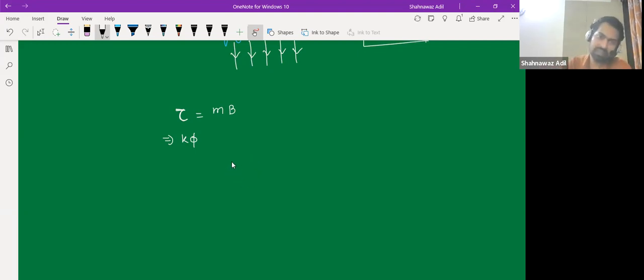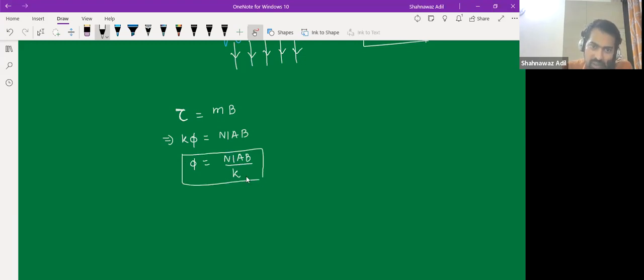So this is equal to, as you said, NIAB. So phi would be how much? This would be NIAB by K. So this is the amount of deflection that will happen due to this moving coil galvanometer.